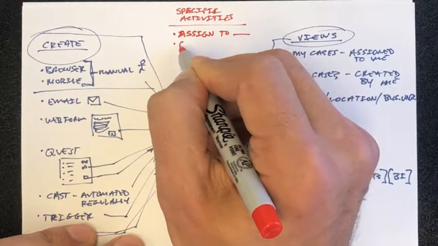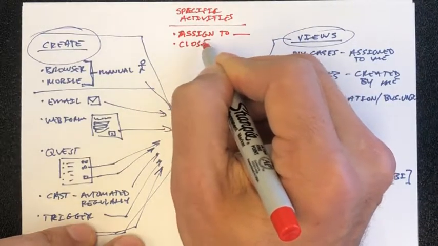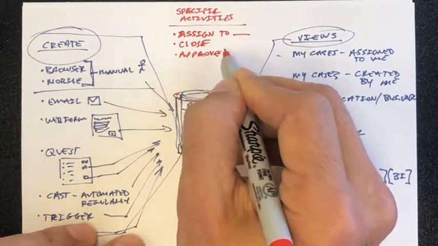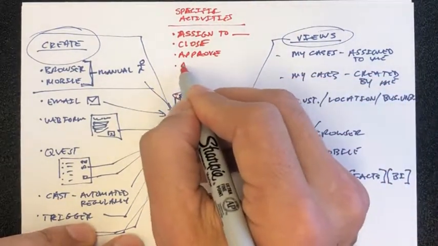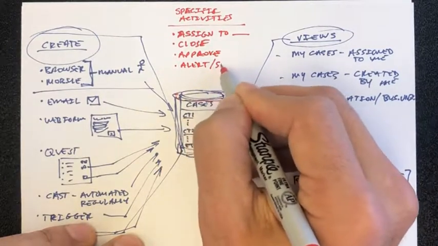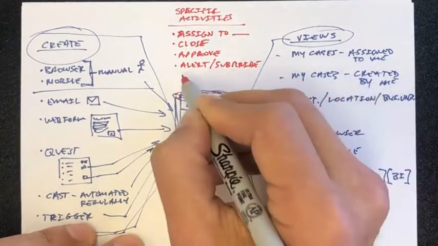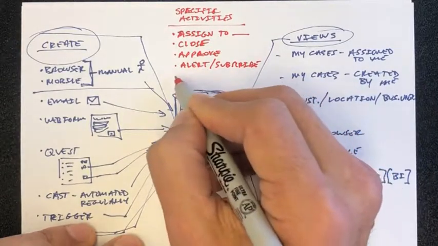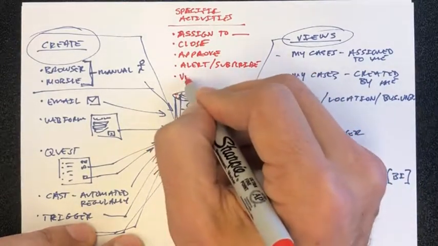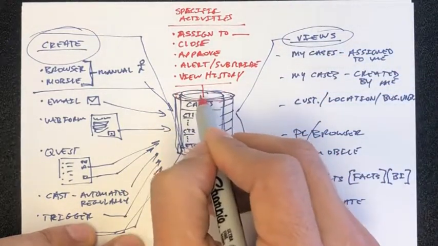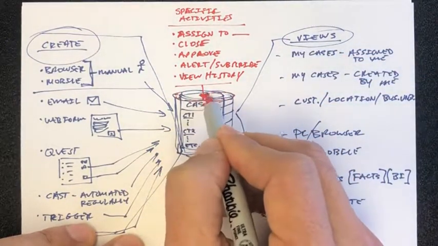Or we might want to close a case, or change the status, or approve it. We may also want to get an alert. So now we're going to subscribe to the case, and every time it gets updated, we'll find out about it. Or we could look at what happened with it. Let's view the history. Because all of these things are in one database, we can apply these approaches to any individual case.